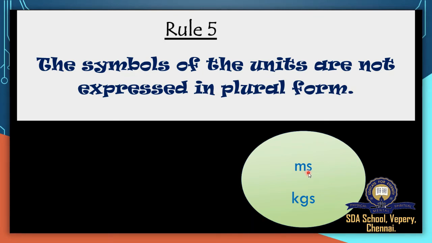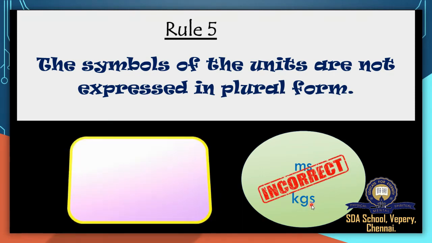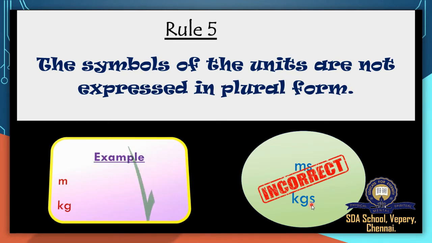It is m. And kgs for kilograms, you should not write it that way, it is an incorrect form. The correct example would be m, kg. You should not use any plural forms with the unit symbols. This is what rule 5 states.